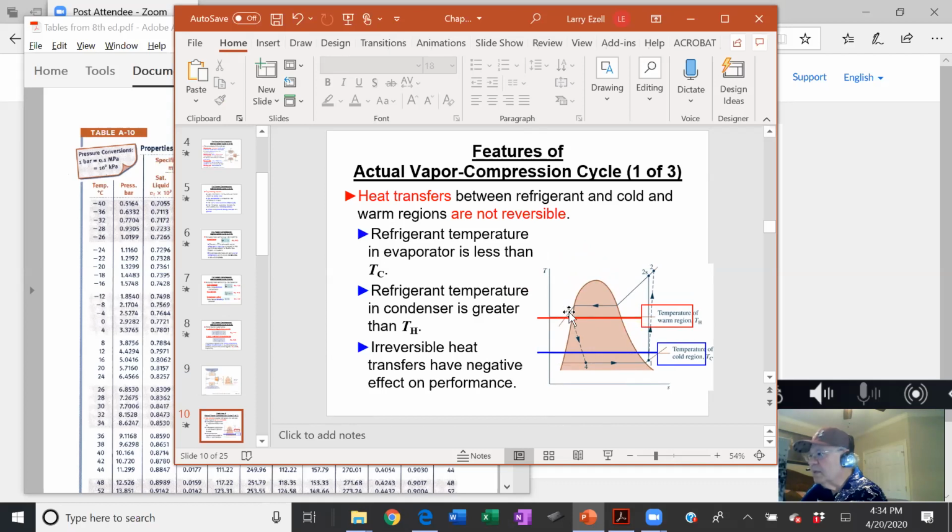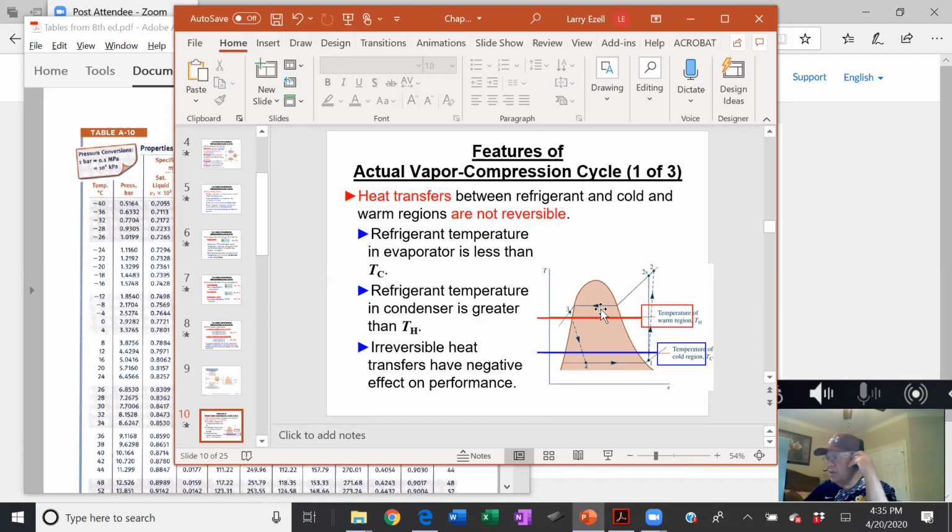This point, when we deal with the ideal refrigeration cycle, is right here on the saturated liquid line. If you weren't given that point, it'd be hard to look up. You'd have to know some other information about that point. Whereas with the cycle we'll deal with, we'll call this the saturated liquid line right here, and we can look that up.